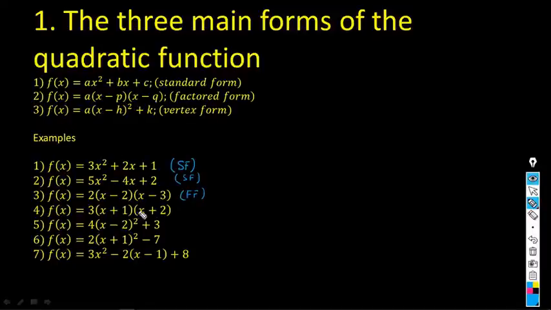Save for the signs, it looks pretty much the same. The only difference is that we have pluses in here instead of minuses. So one more time, can we reshape it by doing a little algebraic trick? Yes, and that happens in this way. f of x equals, I'm going to write it down again, 3 times x plus 1 times x plus 2. Okay, so this is the function.